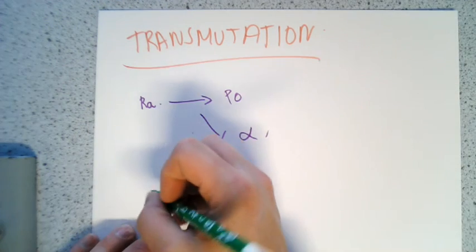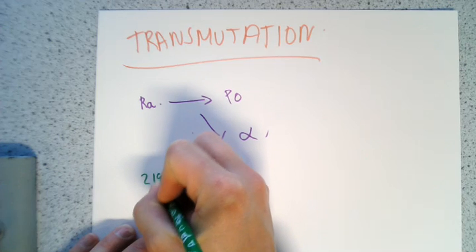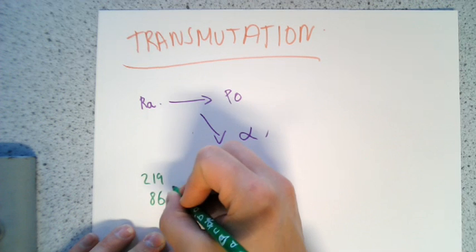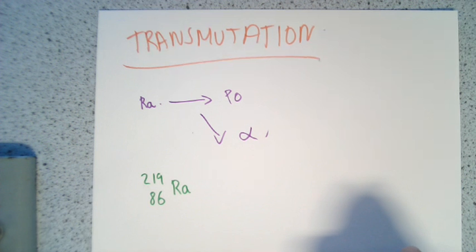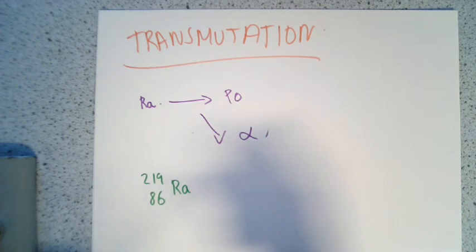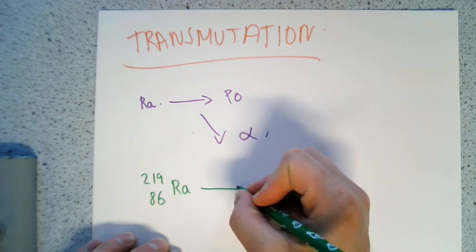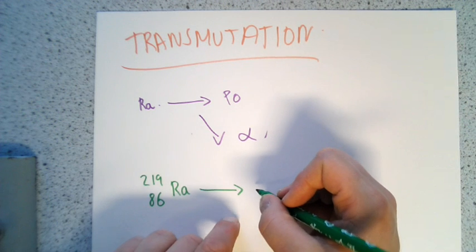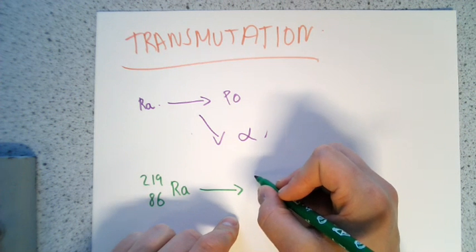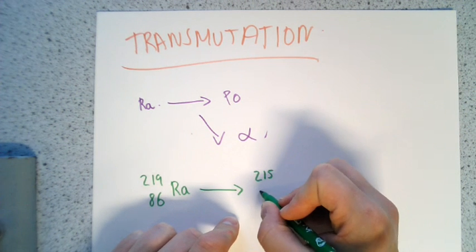Let's say we've got our unstable nucleus, which is at the top. So we've got our radium. We've then got what it's decayed into: unstable nucleus, stable nucleus, which in our case is going to be our polonium.